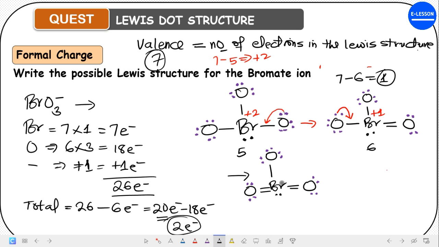Now in this structure, what is the formal charge now? What is the charge on this bromine? The charge is the number of valence electrons minus the number of electrons in the Lewis structure. So let's calculate the charge on this bromine now. First of all, let us calculate the number of electrons in the Lewis structure.